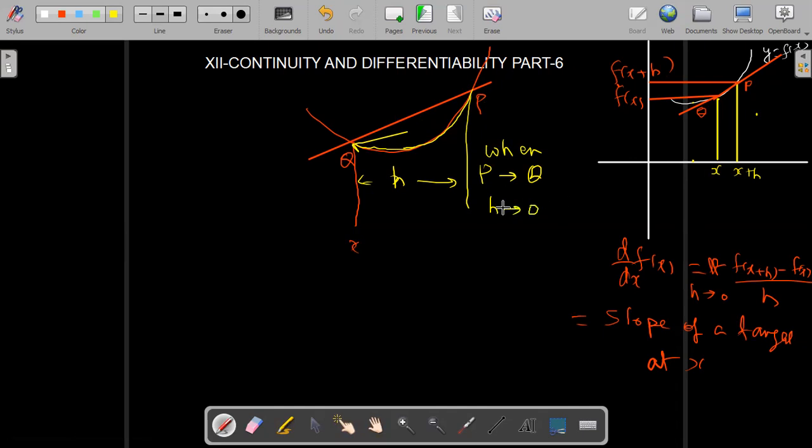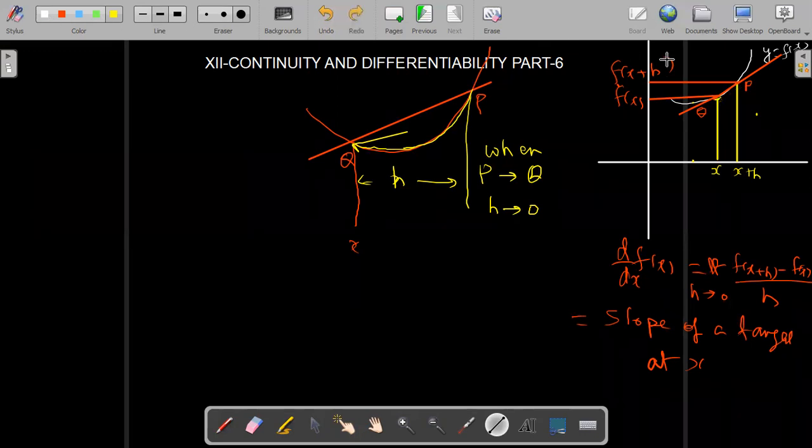One thing, the limit according to this limit. Then what is the tangent of this one? If P goes to this point Q, then when P becomes Q, there will be a tangent at this point.